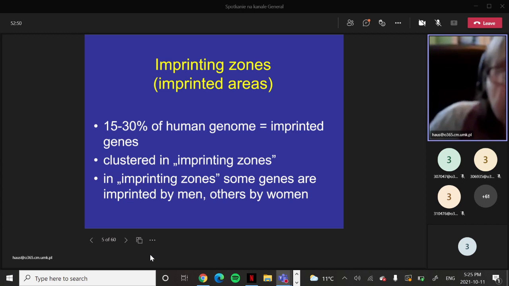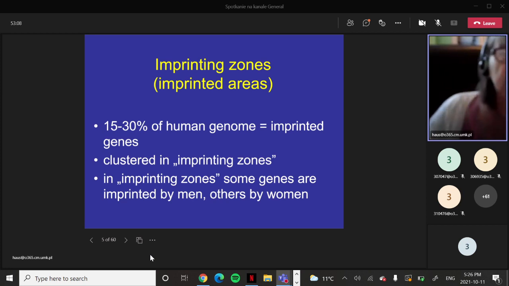Imprinting zones, imprinted zones, or imprinted areas are synonyms. So 15 to 30%, about a third of our genes, are imprinted.